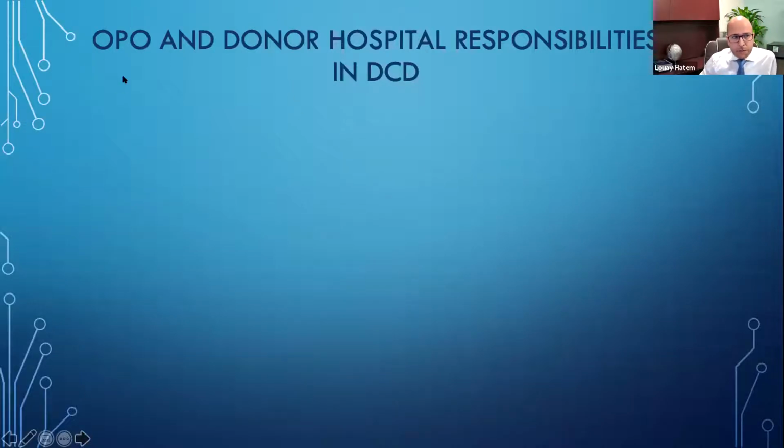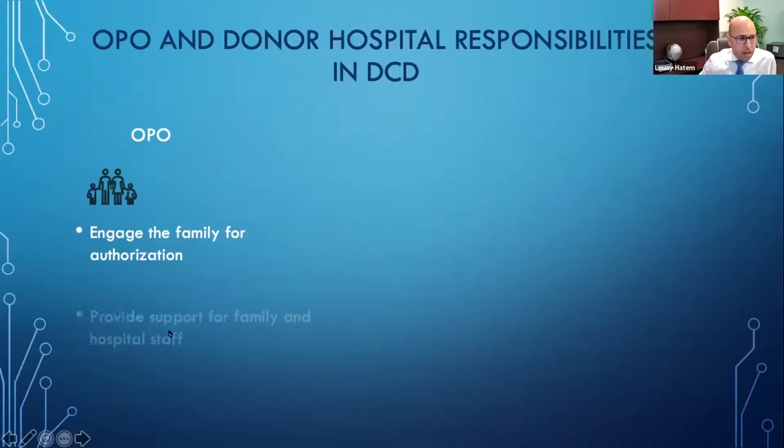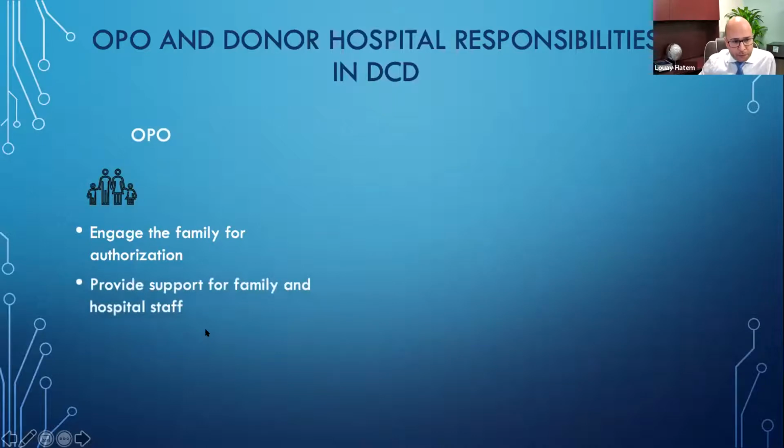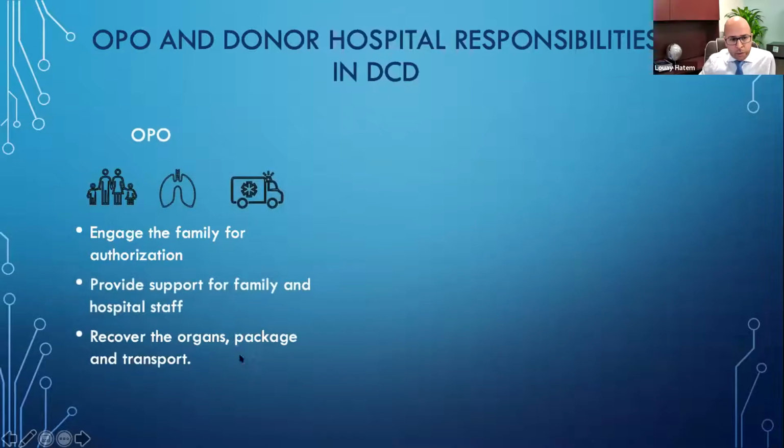Here, I'm going to talk about the OPO responsibility and the hospital responsibility in DCD. The OPO will engage the family for authorization and will provide support for the family and the hospital staff, and will recover the organs, package, and transport the organs to transplant centers.